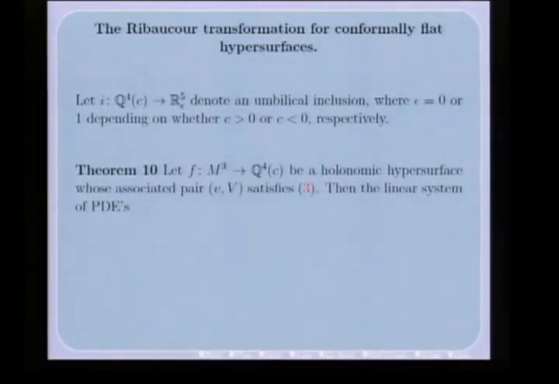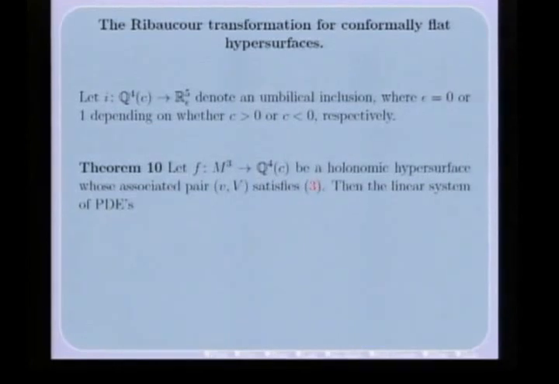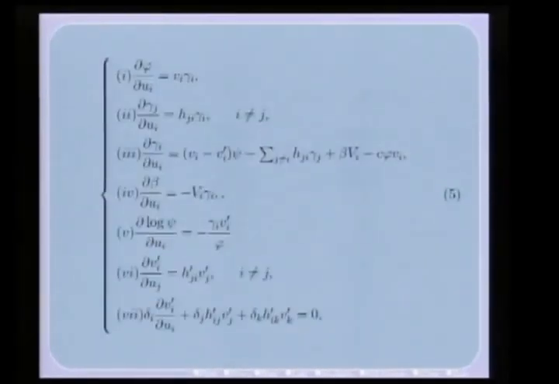You start with a holonomic hypersurface whose associated pair satisfies those conditions. This means a conformally flat hypersurface with three distinct principal curvatures. Then one has this linear system of PDEs involving 9 unknown functions. Here we have 3 functions, here 3 more functions, so those give 9 unknown functions.